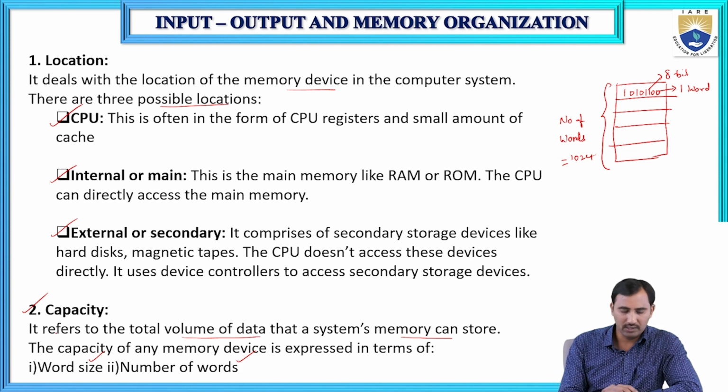So the capacity of the memory device is the number of words multiplied by the word size. Here in this scenario, 1024 is the number of words, and the size of each word is 8 bits. So this is the total capacity of the memory unit.